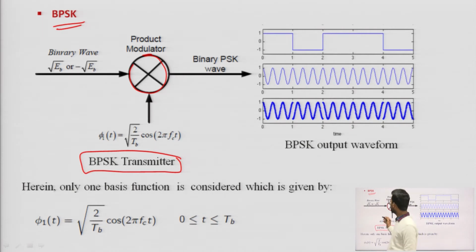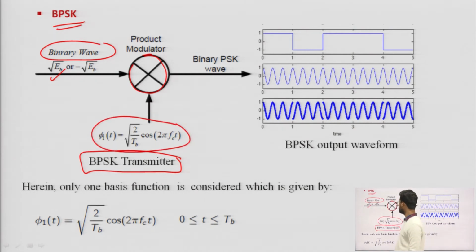It multiplies the two incoming signals, that is your binary waveform, either in the form of root Eb and minus root Eb, which we have already seen in the previous classes, and your basis function, that is a carrier signal, phi 1(t) equal to root 2 divided by Tb cos 2 pi fc t, and these two signals will be multiplied.